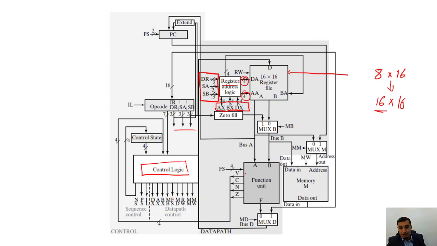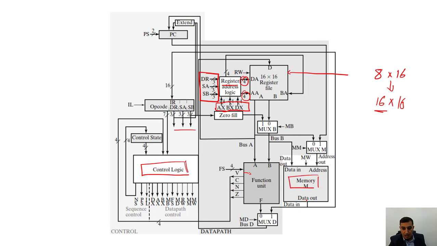The function unit is still most likely the same. The V, C, and Z are also going over here to the control logic. We have the memory, which is now memory M, and this is our instruction register. Now we are going to a more conventional Von Neumann architecture in which we have one memory.